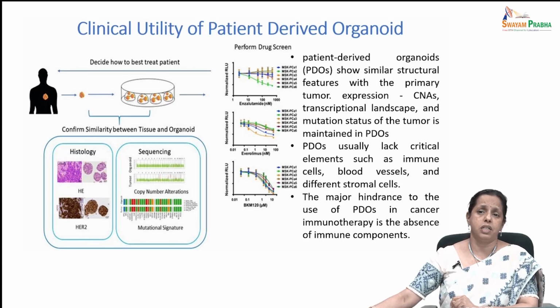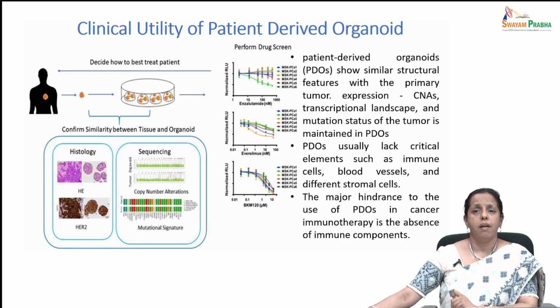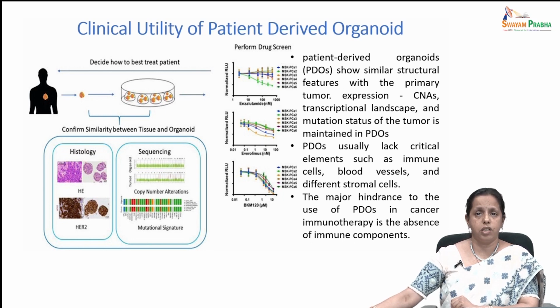So, the patient-derived organoid cancer model is developed from tumor cells isolated from the tissue of a cancer patient and placed in a complete extracellular matrix with specific culture media, which can develop into cancer organoids.